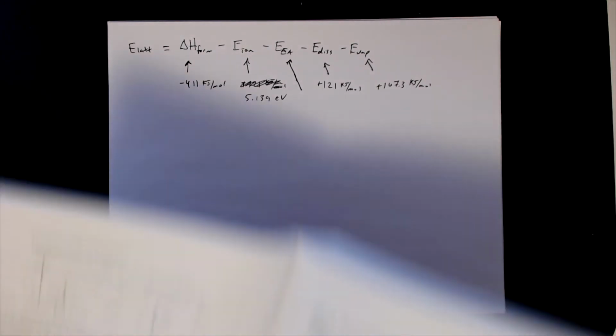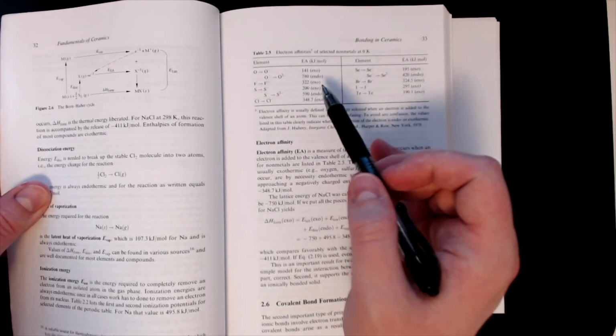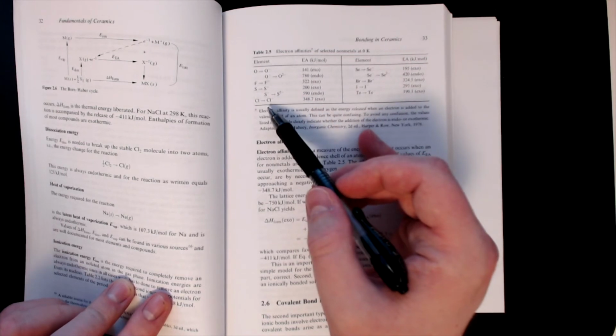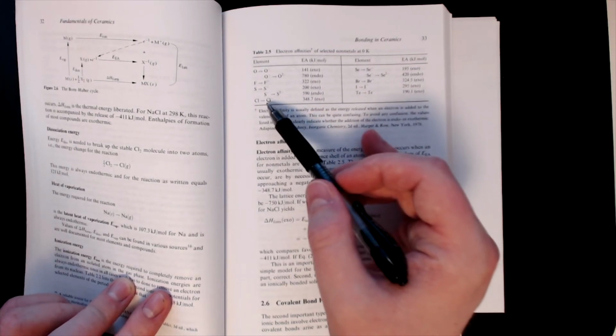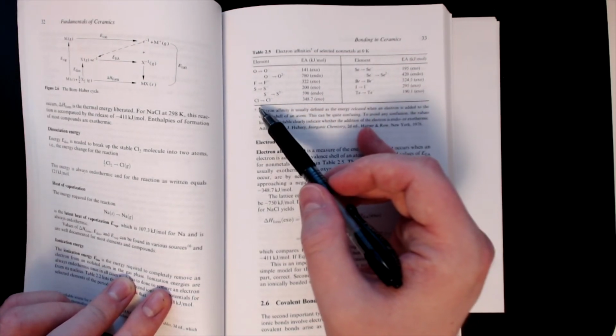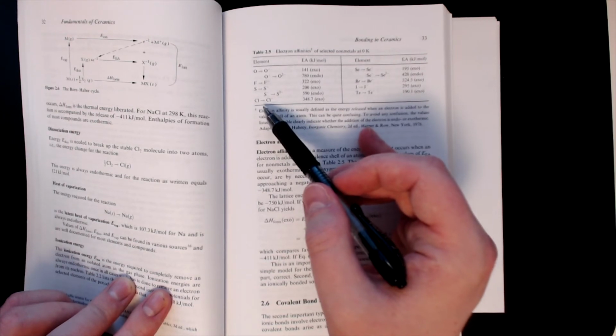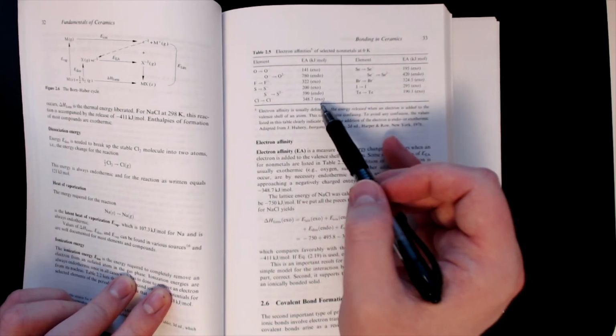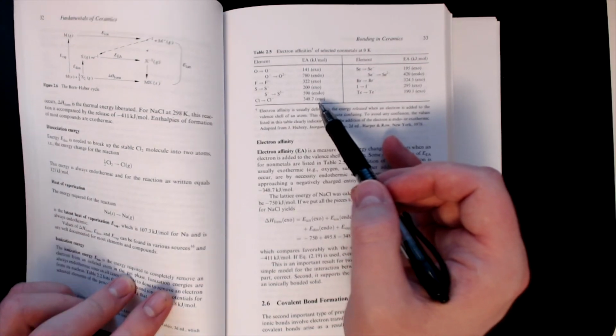If we go back to after ionization energy, we're over here at electron affinity. It actually gives us the table right near this. In this case, we're done with sodium, so we're looking at chlorine and we're forming Cl minus. We're adding an electron, and that value is going to be 348.7. It says it's exothermic, so it's negative.